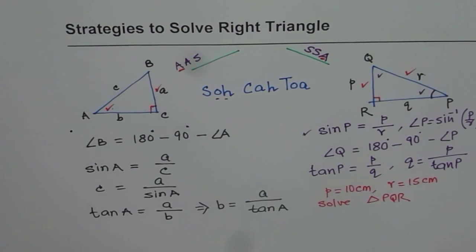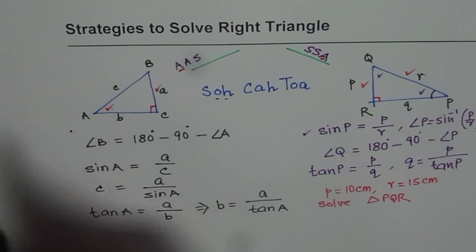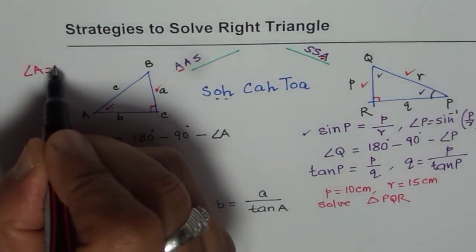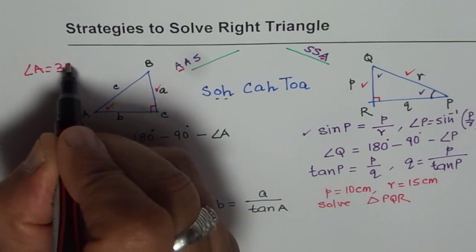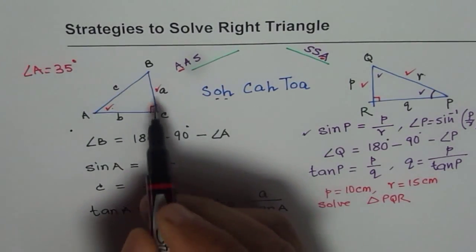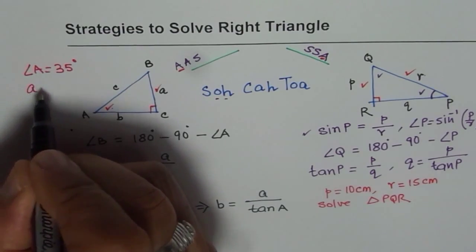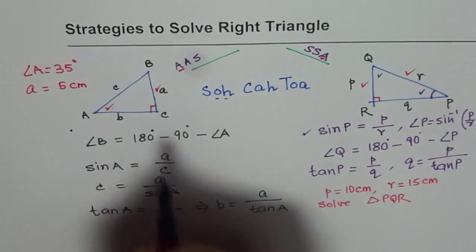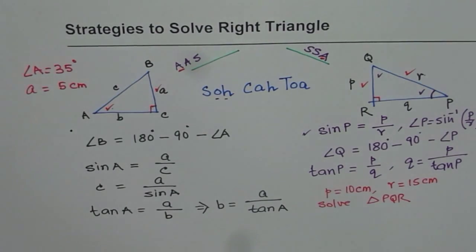In this particular case, let us say we know angle A, so let me write down angle A is equal to, let us say, 35 degrees. And side a is equal to 5 centimeters, right? Solve the triangle. So that will give you good practice to use what you've learned, and if you have doubts, post them on the video. Thank you and all the best.